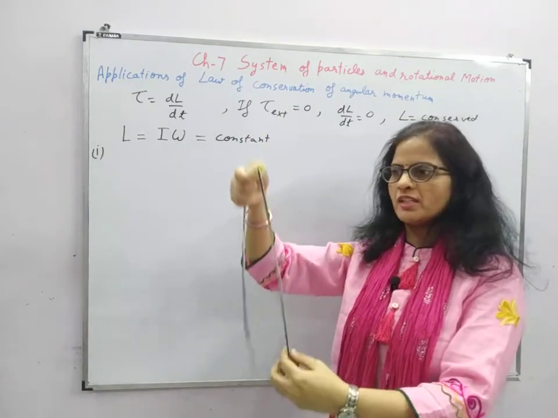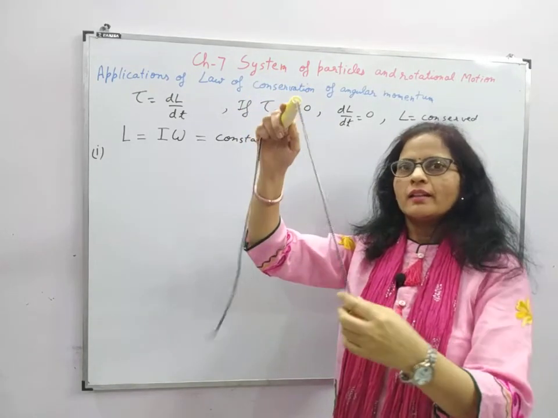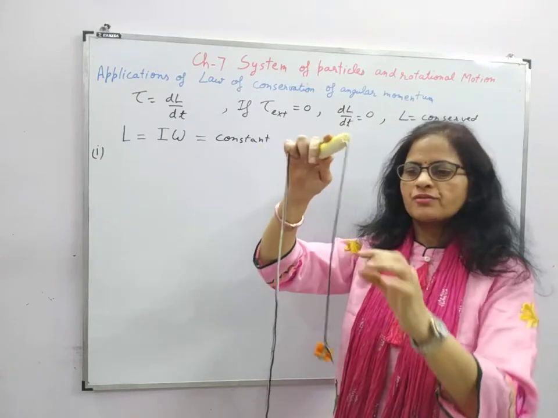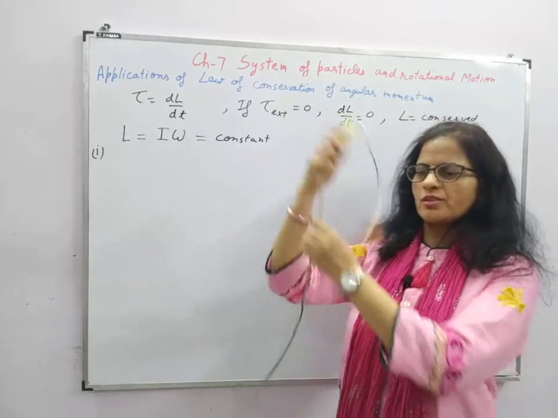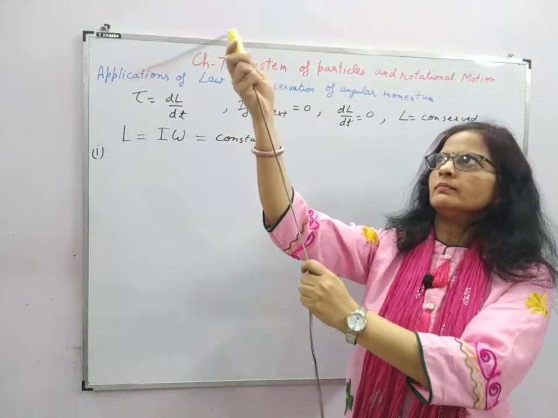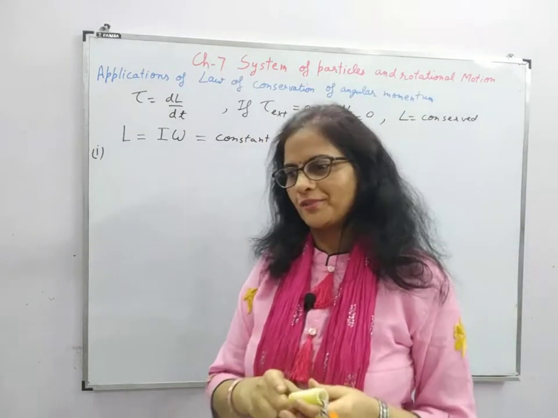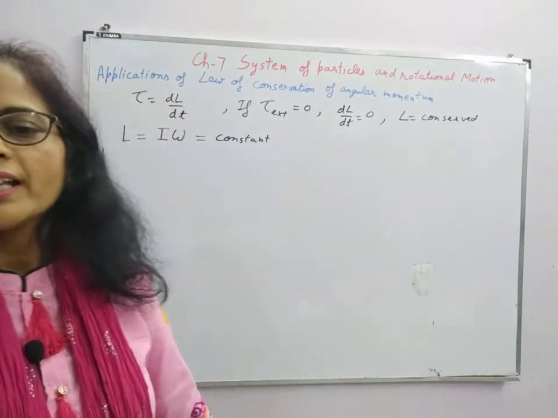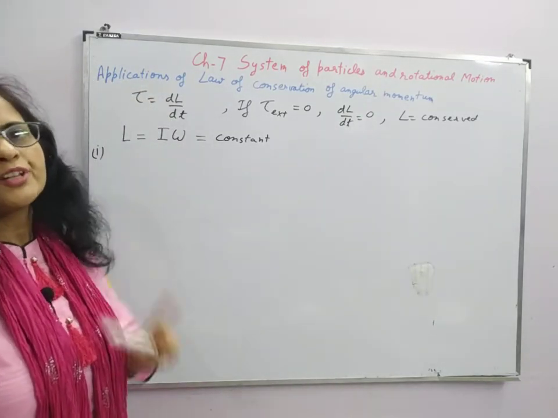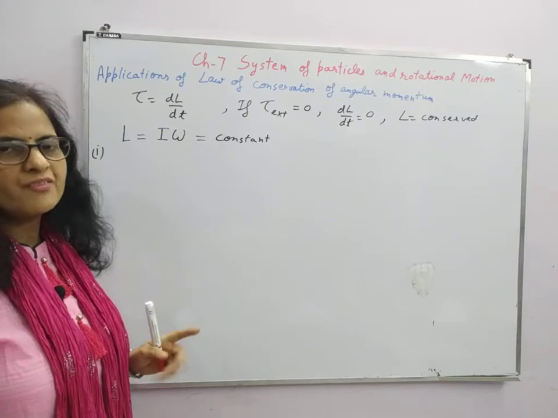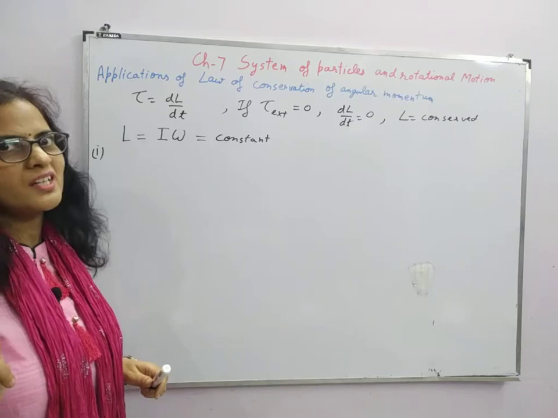What you have to observe is the rotation when the string is longer, and what happens to the rotation when the string length reduces. What have you observed? When the string is longer, the angular speed of rotation is less, and when the string length is less, the angular speed of rotation is more.